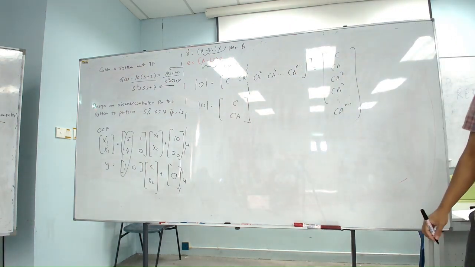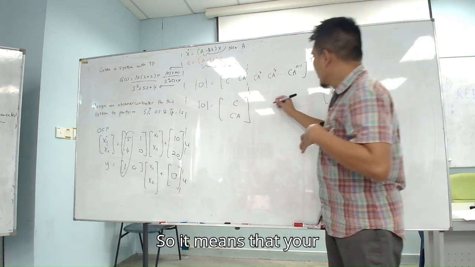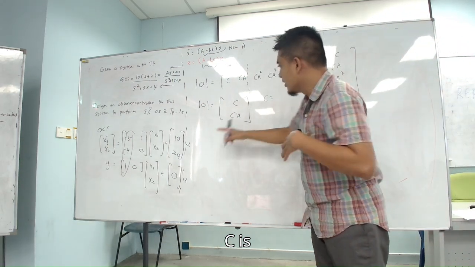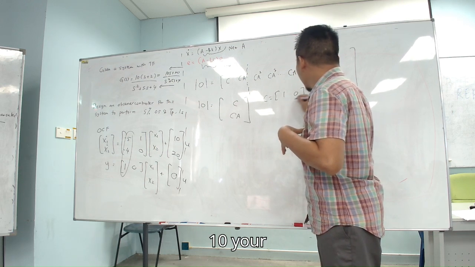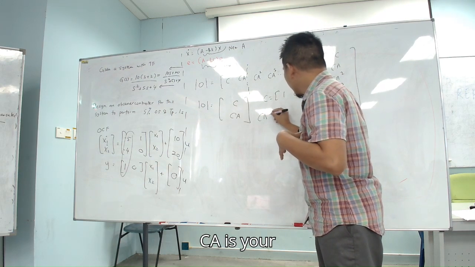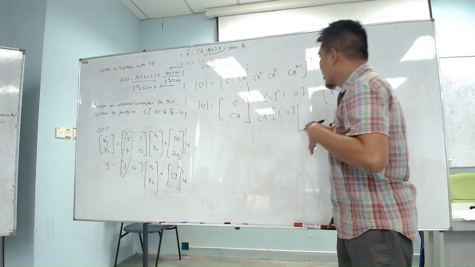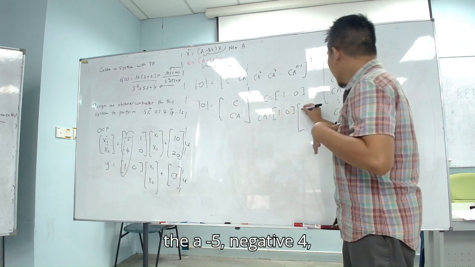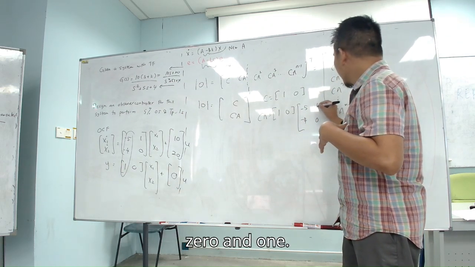Okay, so it means that your C is 1, 0. Your CA is your C multiplied with the A: -5, -4, 0 and 1.